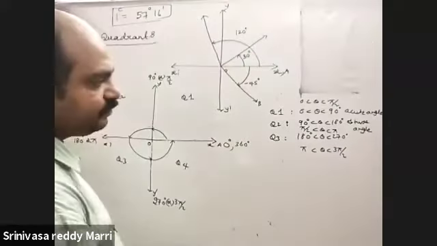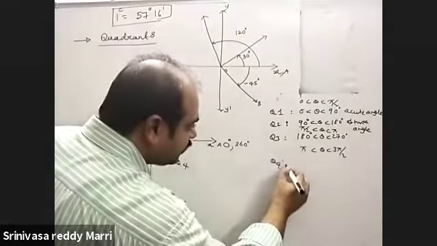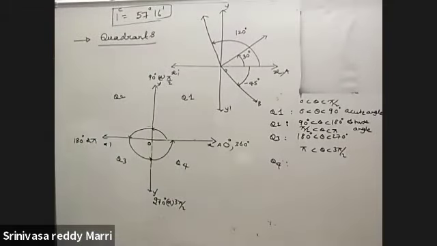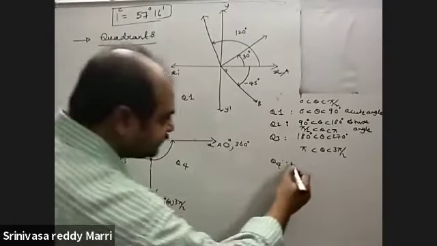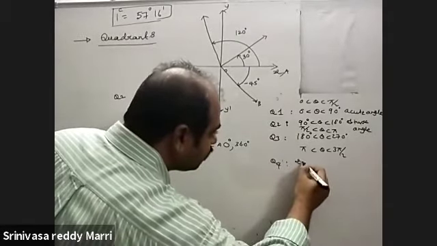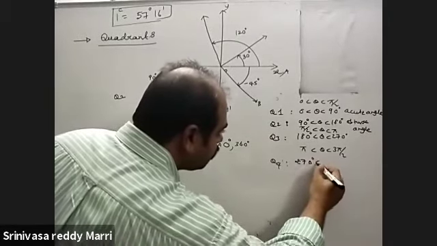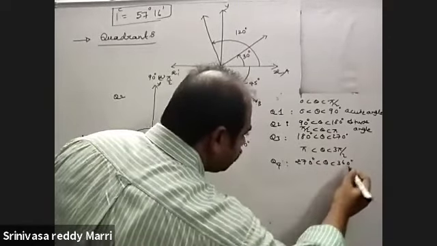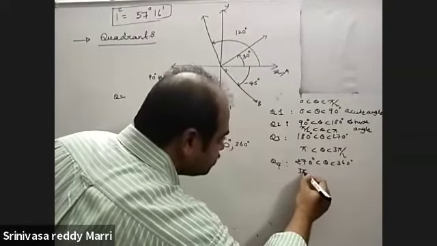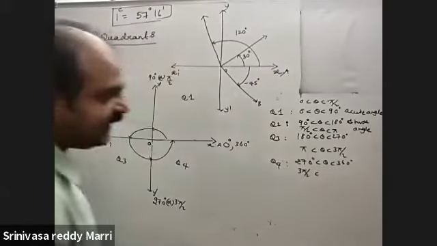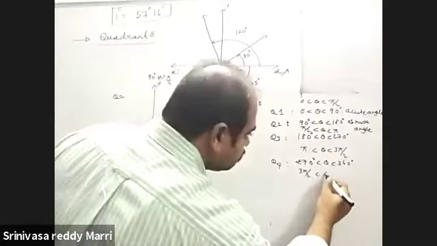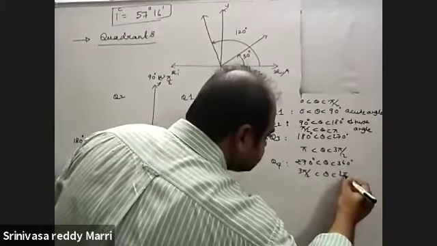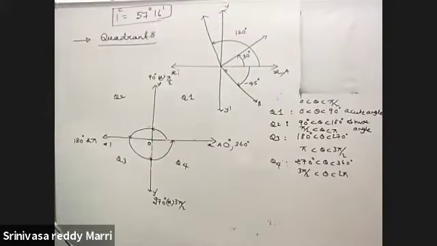Quadrant 4 is 270 to 360. That means this is 3 right angles. One right angle is pi by 2. 360 means 2 pi.